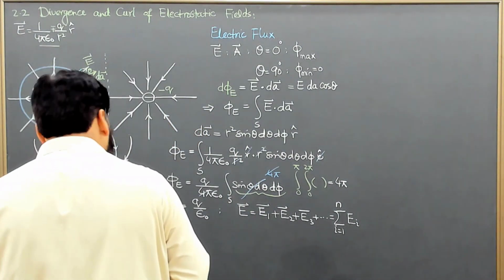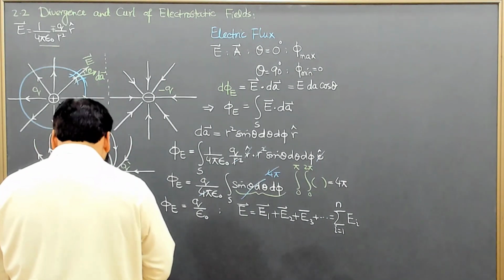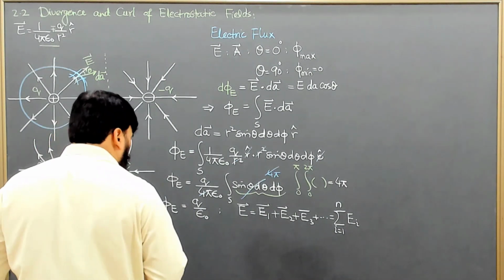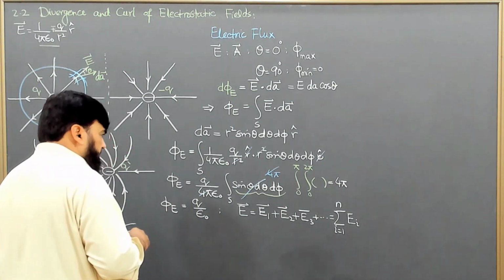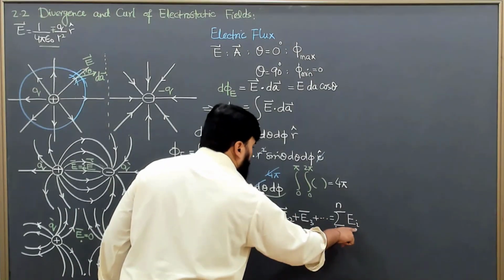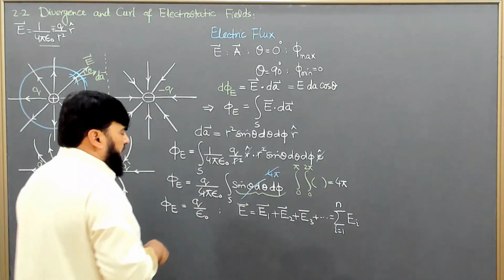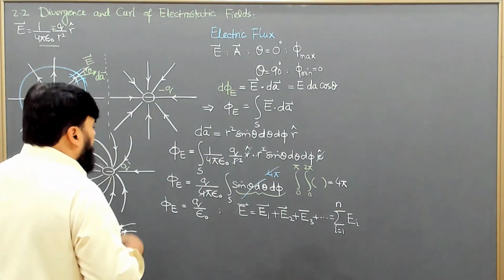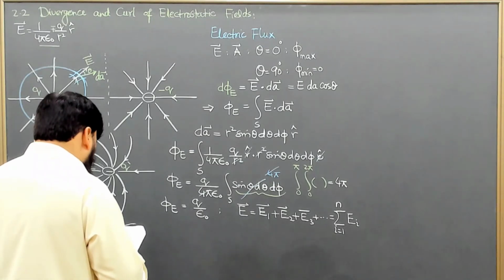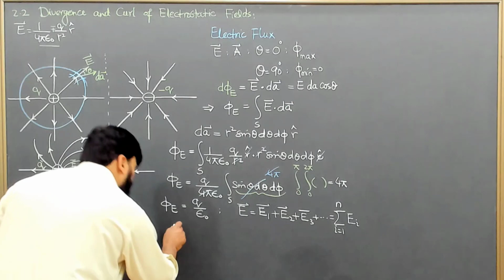Now in that situation, we will have the integral, and consider here that this is Ei. So Ei will replace this q by qi, because we will be having many charges.